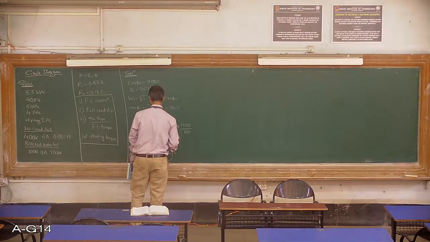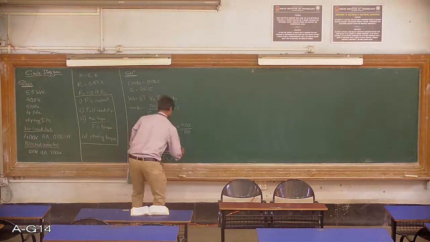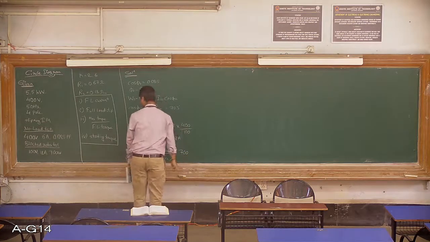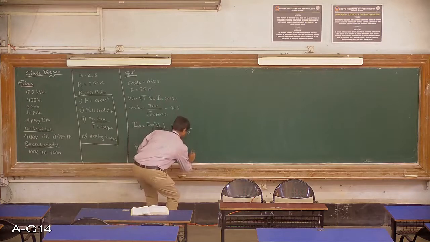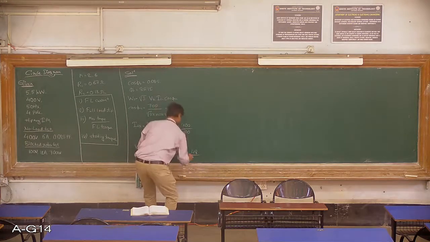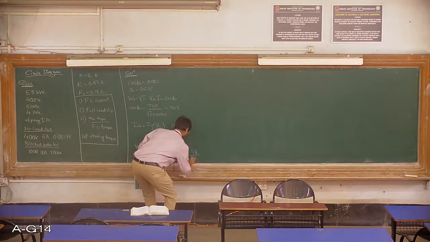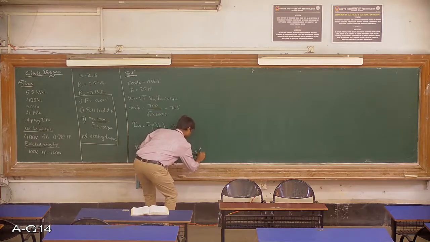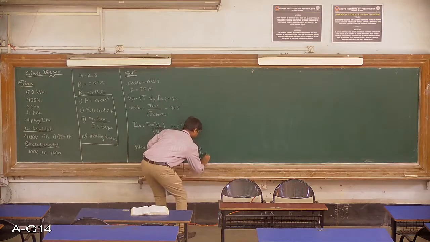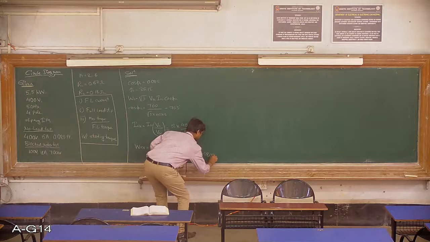WSC is given as 700, into ISN is 48, divided by ISC is 12 squared. So the total WSN is 11,200 watts.